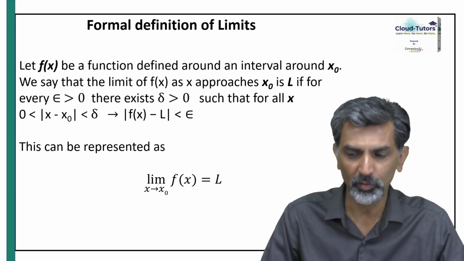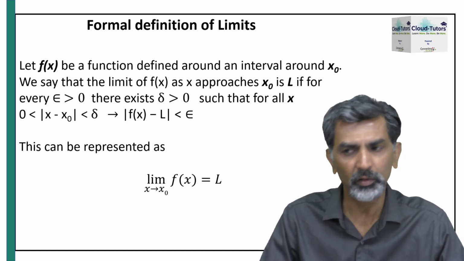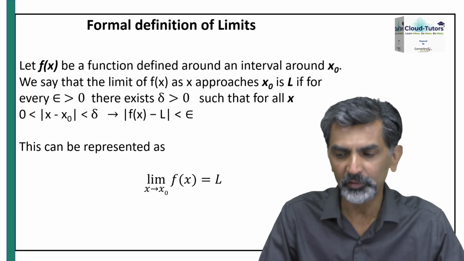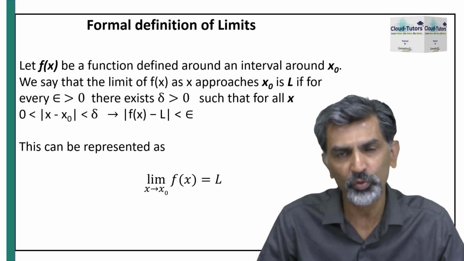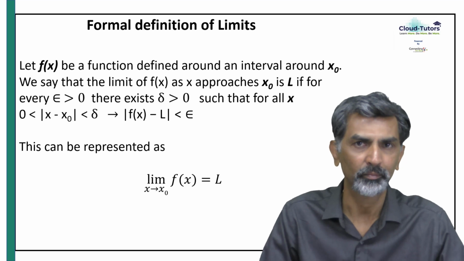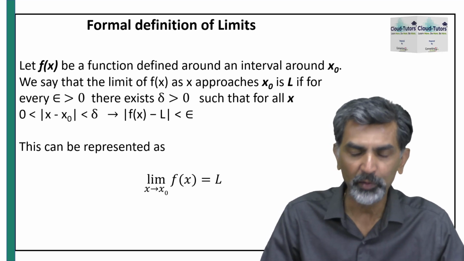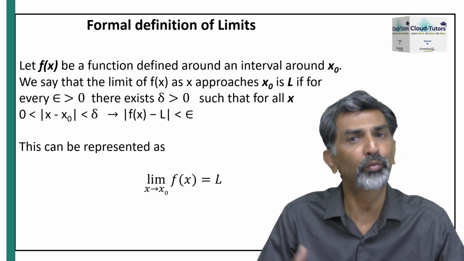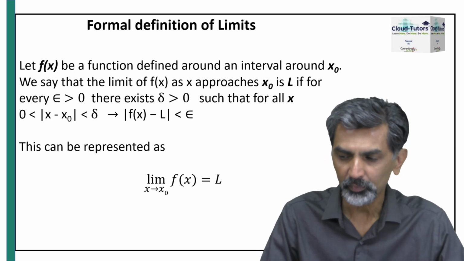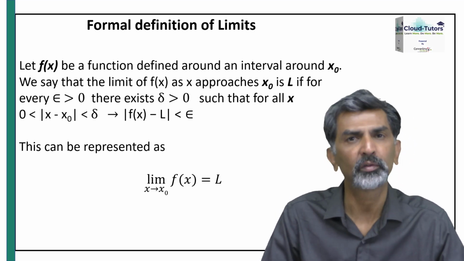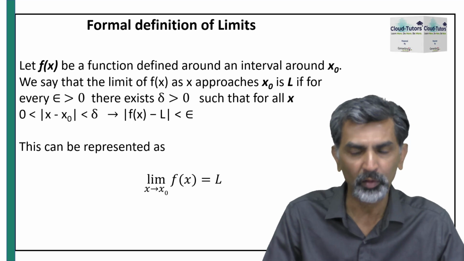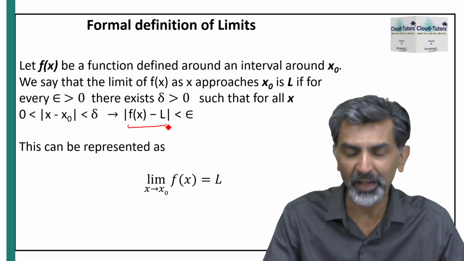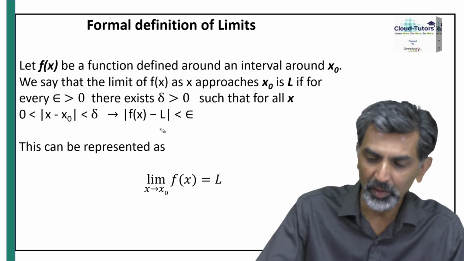So if f of x is a function defined around an interval x naught, we say that the limit of f of x as x approaches x naught is L, if for every epsilon that's greater than 0, a positive value of epsilon, there exists another positive value delta, such that for all x, such that the difference between x and x naught is less than delta, the difference between f of x and L is less than epsilon.